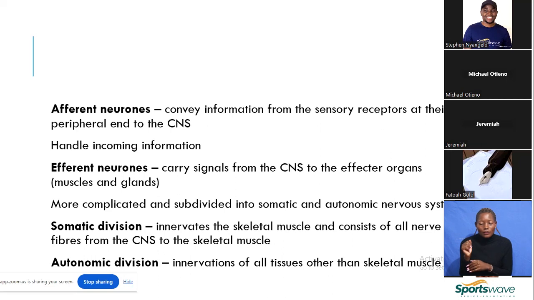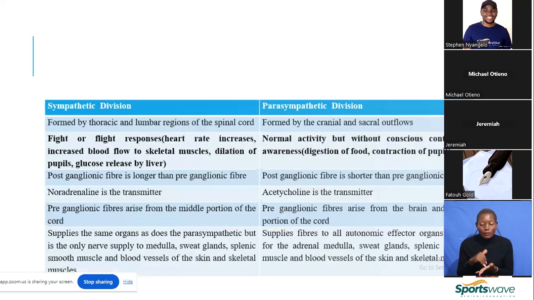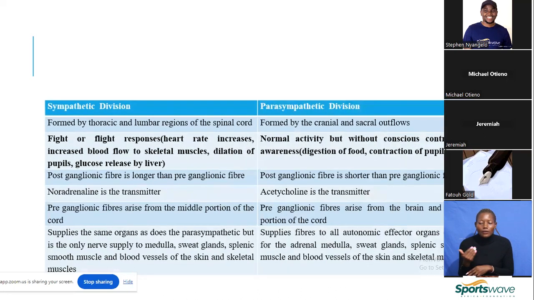If you come to the autonomic division, again, this is very interesting, you have the sympathetic and parasympathetic divisions. I have highlighted the second part there because to me, this is where the relevance of sports comes in. Fight or flight.